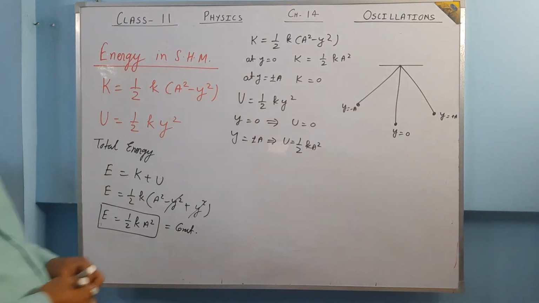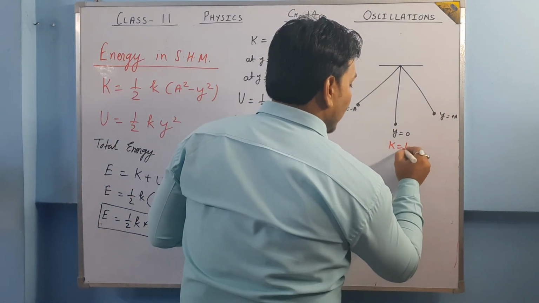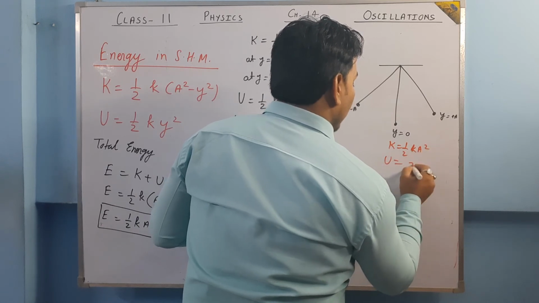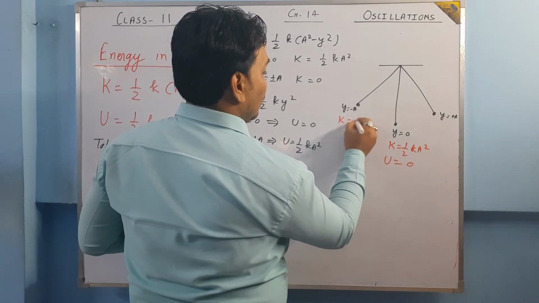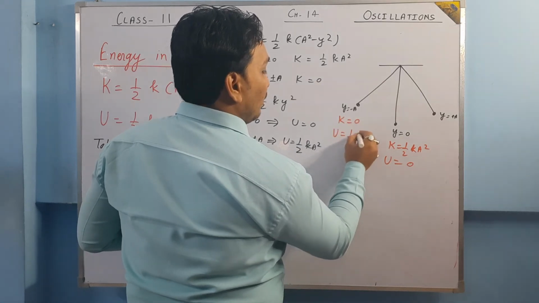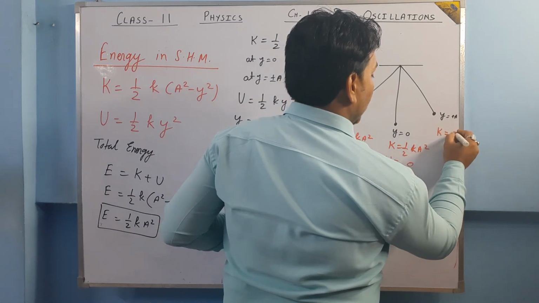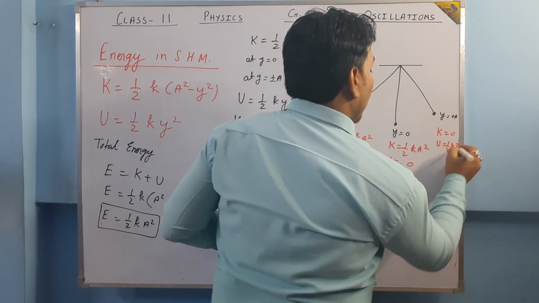What is happening? At the mean position, K is equal to half k a square, U is equal to 0. At this position, K is equal to 0, U is equal to half k a square. At this position too, kinetic energy is 0, U is equal to half k a square. What is happening?